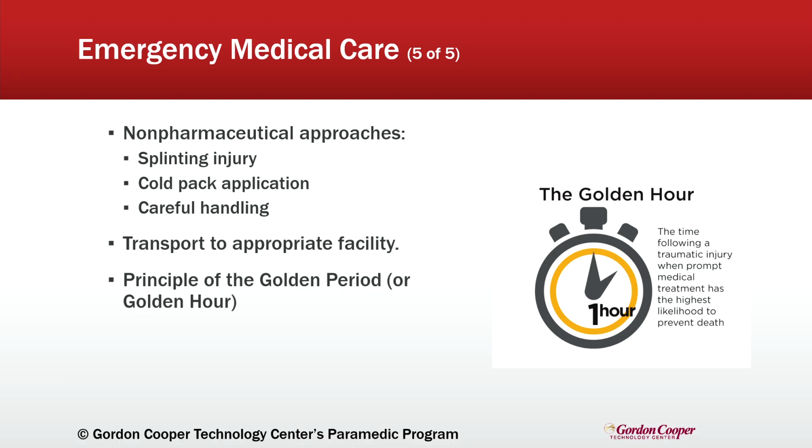Remember the principle of the golden period, or the golden hour. That's a critical time frame during which the treatment for shock or traumatic injuries is most effective, and the chances of survival are the highest. So really, from the time the injury happens to the time you get into the ER, we really need to shoot for that being within that hour.